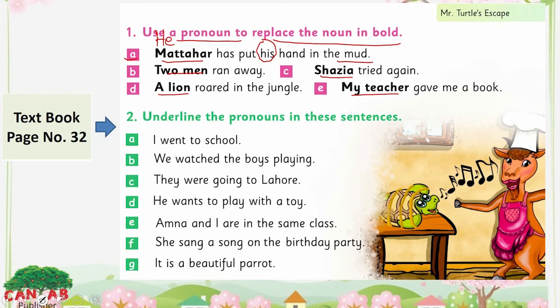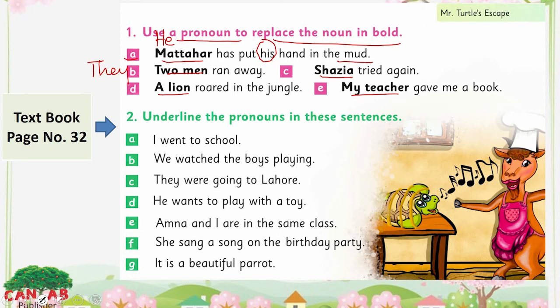B. Two men ran away. As I told you, if the persons are more than one, we will add they here. We will replace it by the pronoun they. Yes, underline the two men and write they. They ran away.